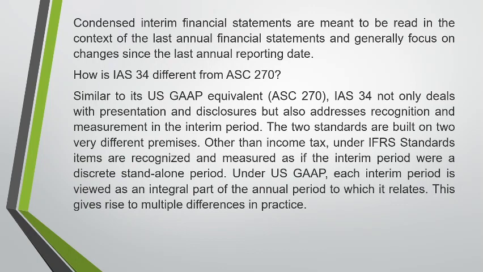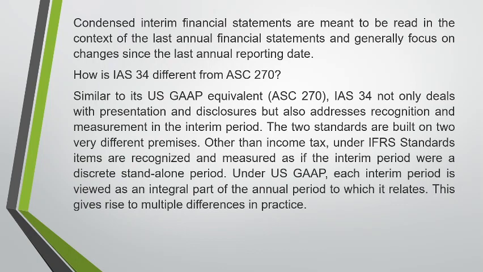How is IAS 34 different from ASC 270? Similar to its GAAP equivalent, ASC 270, IAS 34 not only deals with presentation and disclosure but also addresses recognition and measurement of the interim period. The two standards are built on two different premises, other than income tax.